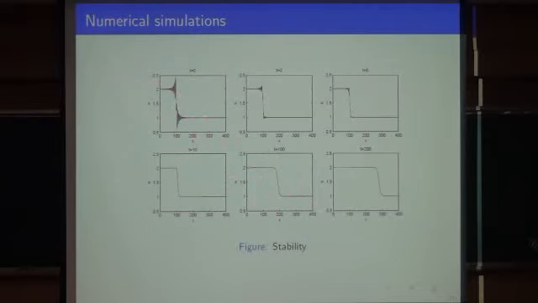So we just started with a small, actually this is not small, it's a large perturbation of the traveling wave. The traveling wave looks like this. If you give this traveling wave a perturbation, such as this, and you let t evolve, you will see that this kind of perturbation will disappear.